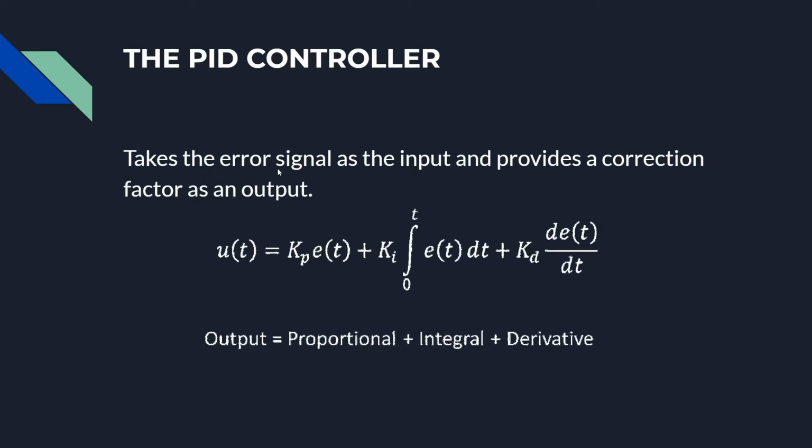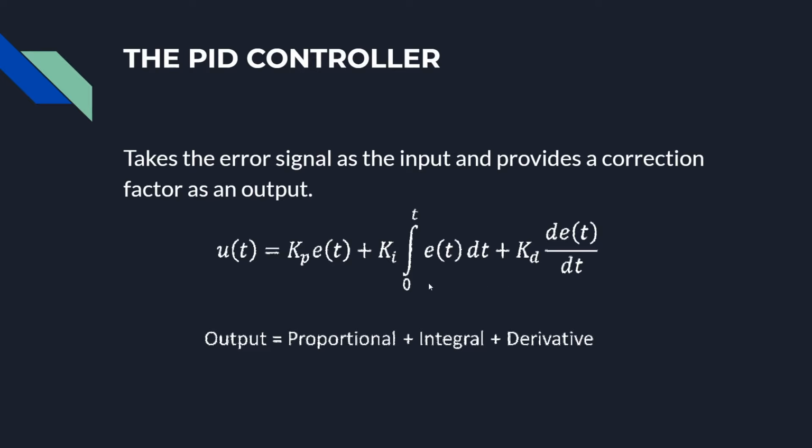So if we wanted rotations per minute as 157, the error signal would be whatever the current output is, which we got was 200 and something, minus 157, which is our desired response. And that error is what would be fed into the PID controller. The output would be given as a correction factor, which has to be added to the actual input. And we'd finally reach our desired output eventually.